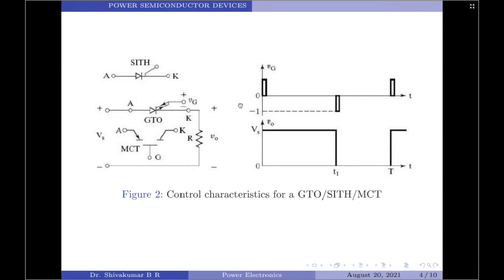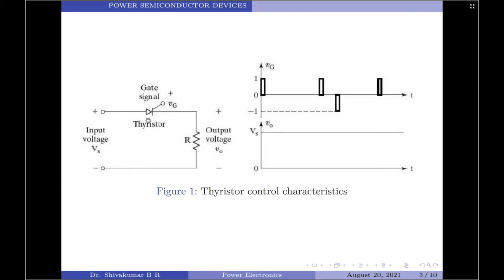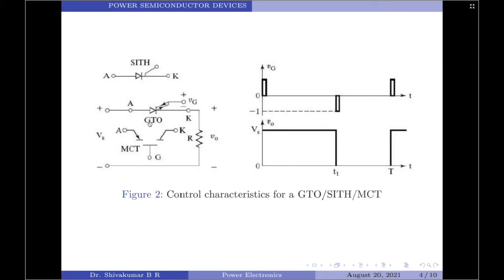All of them have the same control characteristics, and that is why we have shown all of them in one single diagram here. As I said, a GTO can be turned off using a gate pulse as well, unlike the SCR we have discussed in our previous topic. So, a GTO will require a positive gate pulse to turn on, and as you can see, the moment a positive gate pulse is given, the output voltage starts to appear.